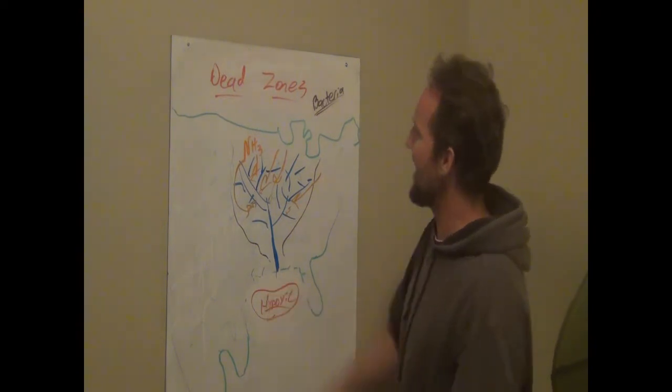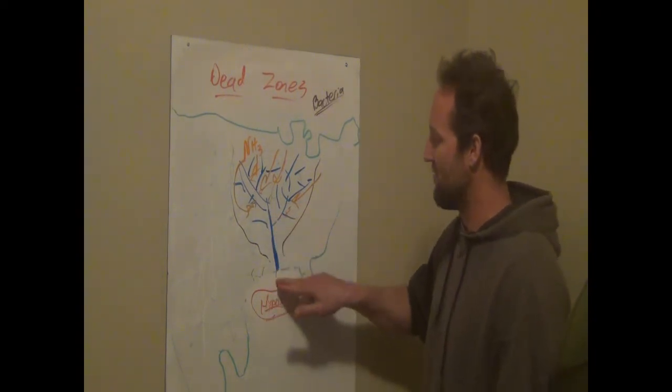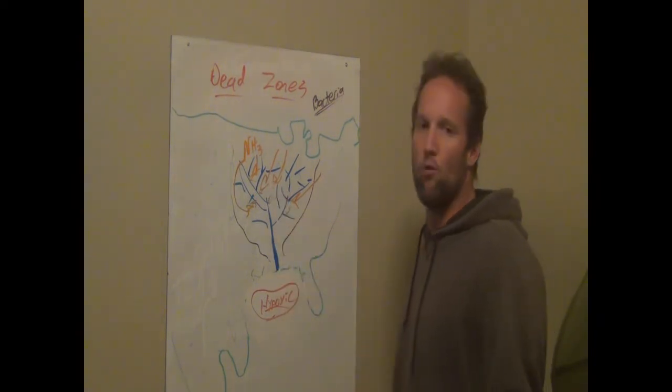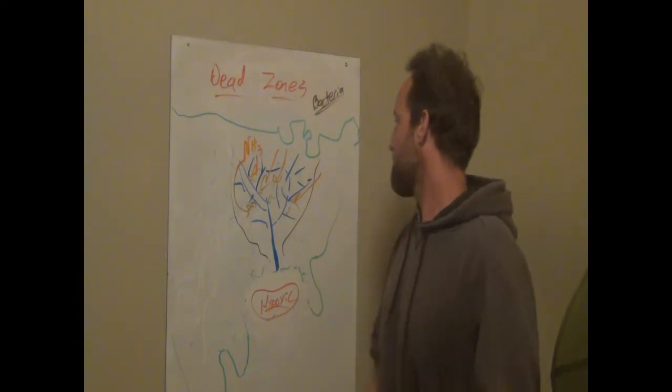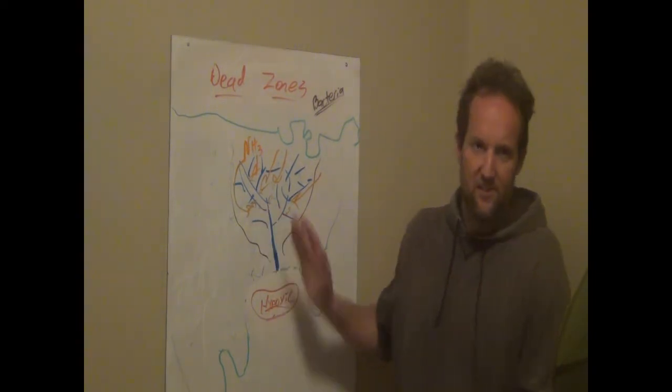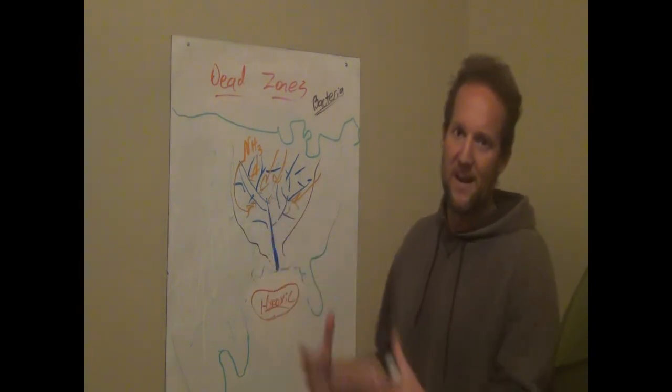So these dead zones happen pretty much everywhere around the globe at any major river delta. And it's from overuse of nutrients. So one thing humans need to work on is being more precise about our delivery of fertilizer to different places so that you don't get massive amounts of runoff.